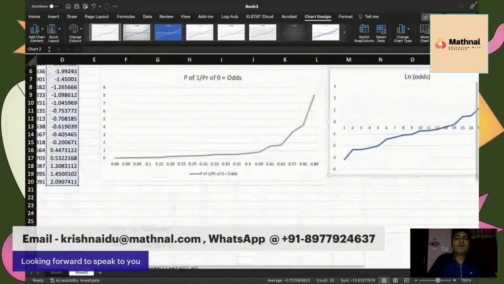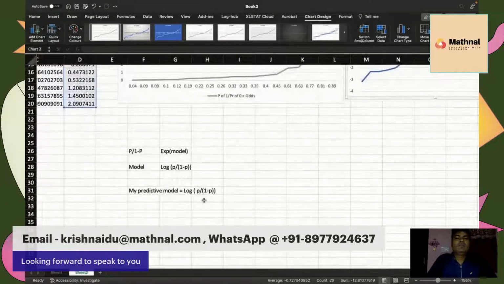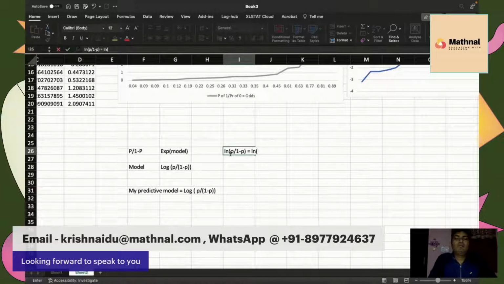In order to convert an exponential distribution into a linear distribution, we need to take the log of each side. So what we are doing here is log natural of P by 1 minus P is equal to log natural of e to the power model.